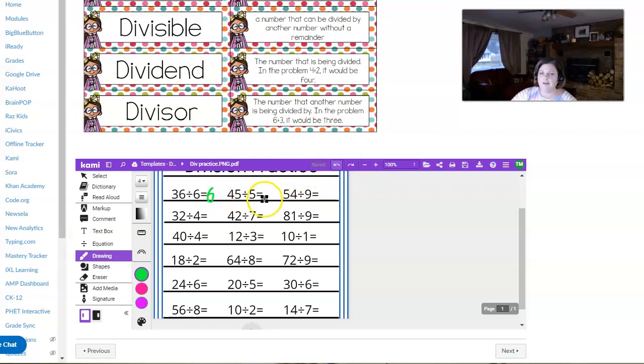Let's skip count by 5s until we get to the number 45. That's going to give us our answer, or our quotient. 5, 10, 15, 20, 25, 30, 35, 40, 45. I have 9 fingers. So 45 divided by 5 is 9.